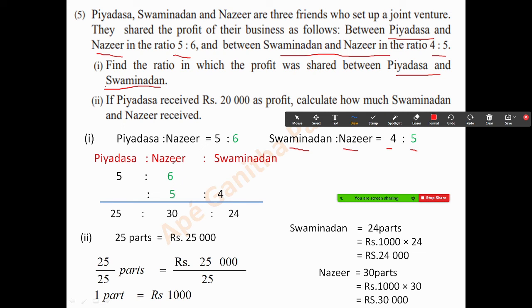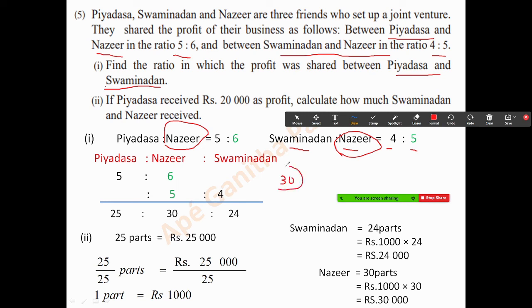Okay. Now you have to find the LCM of 6 and 5, because in both ratios Nasir is there. So you have to get the LCM of the components relevant to Nasir. Nasir 6 and 5. So LCM of 6 and 5 is 30. If you want, you can find the least common multiple and check.